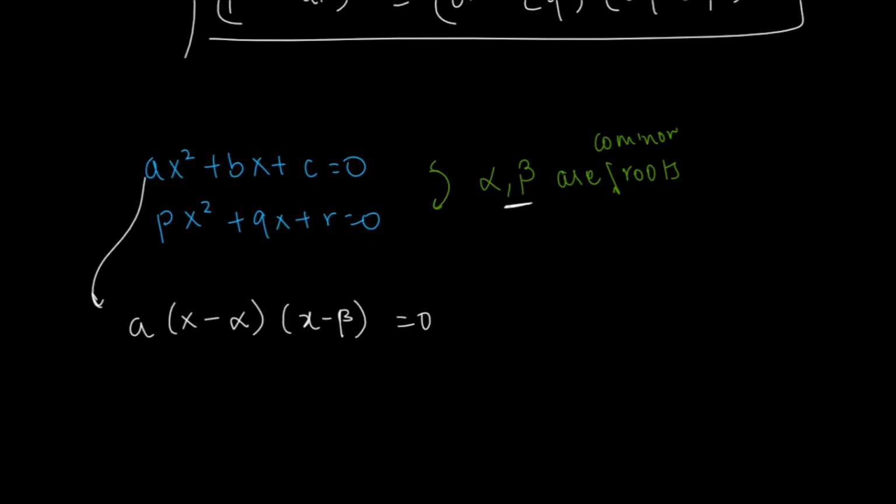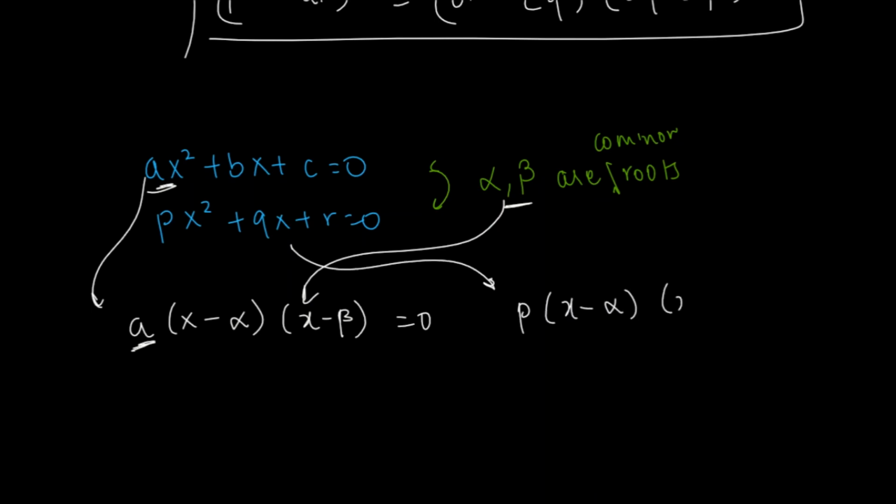This is something that we know about quadratic equations, simply because putting alpha or beta here would just make this thing equal to 0, and there is a coefficient of a here as well. This second polynomial would have become p times (x - alpha)(x - beta) is equal to 0.